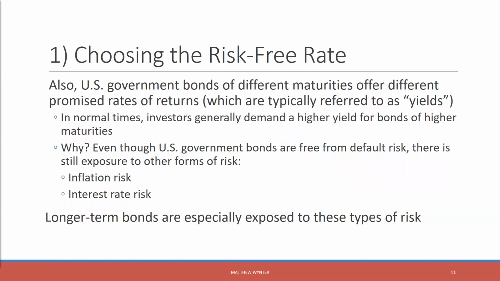Inflation risk, because as we said, the US government can print money. So I'm worried that the actual bond itself will lose value because the dollars will fall in value because of inflation. I also worry about interest rate risk because if I'm holding a bond for a very long maturity, then between the time that I've held the bond and the time that the bond matures, interest rates could change and my bond might lose value.